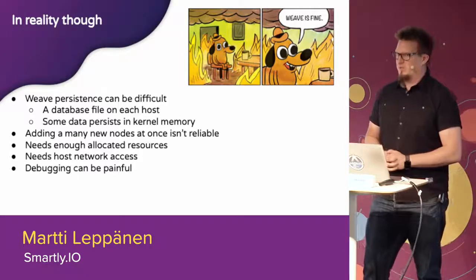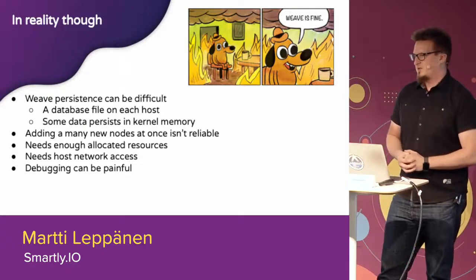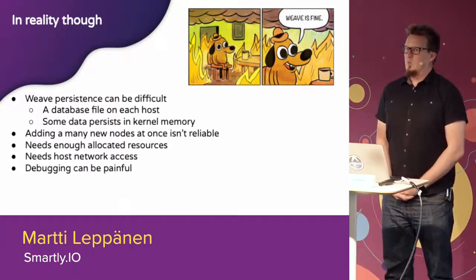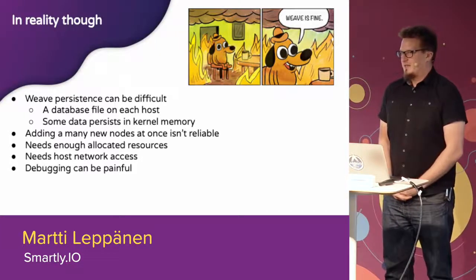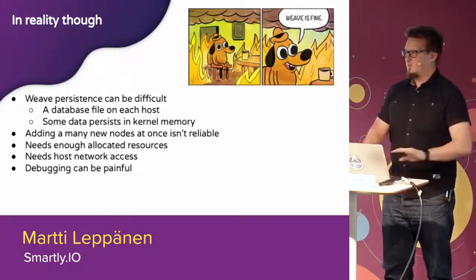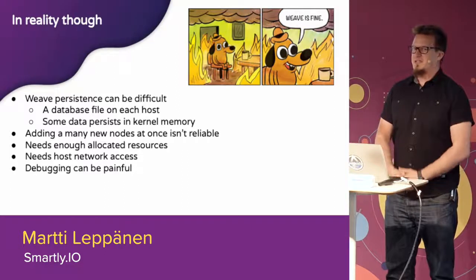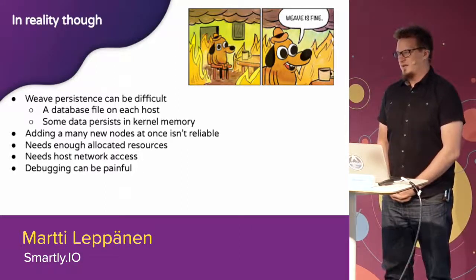One of the nasty things we've had is that our development Kubernetes cluster, which is about 80 nodes at the moment, we had to entirely restart the cluster because we were unable to find all the persistence that we've had. It had very well hidden itself somewhere. We had to remove all of Weave, and we had to reboot all of the computers and reinstall Weave, and then have basically a start from scratch system to be able to get Weave back up and running.